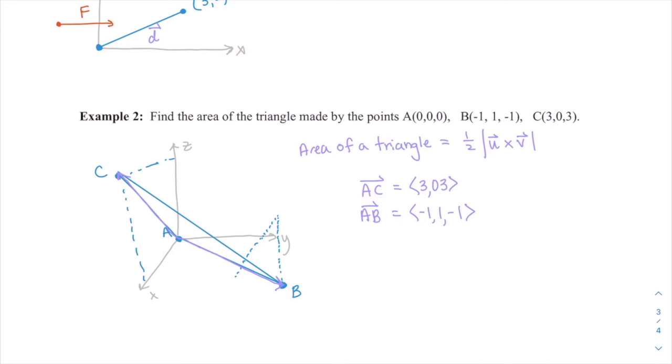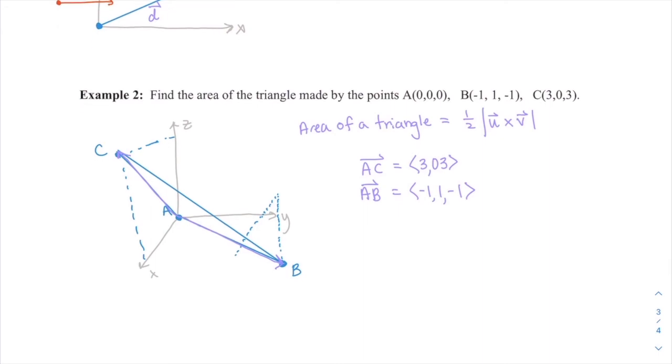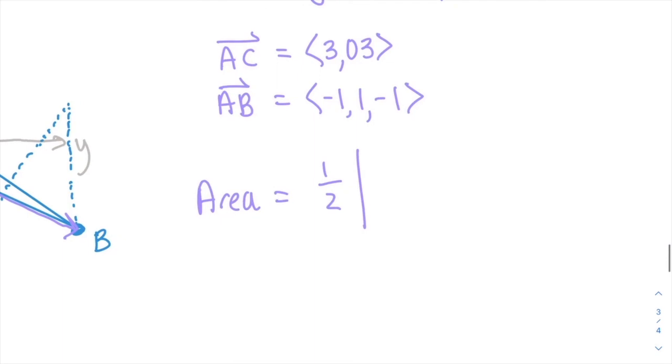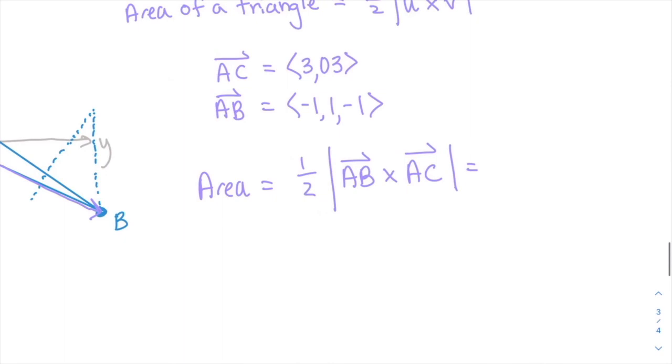So we'll do AB cross AC. We know that the area is going to equal 1/2 times the magnitude of AB cross AC. And that's going to be half the determinant of our 3 by 3 matrix. I keep writing my i's as j's. i, j, k.